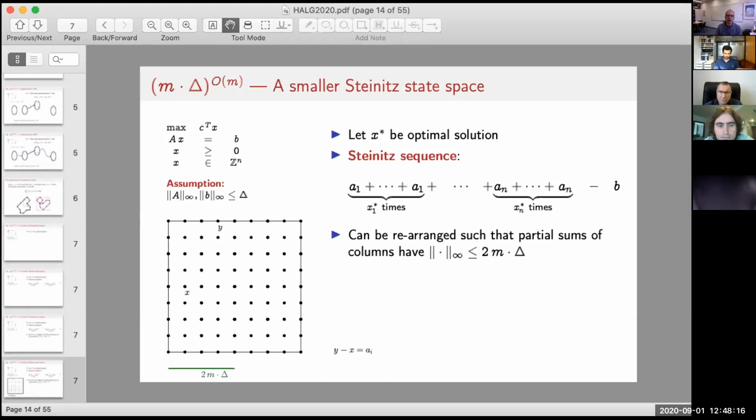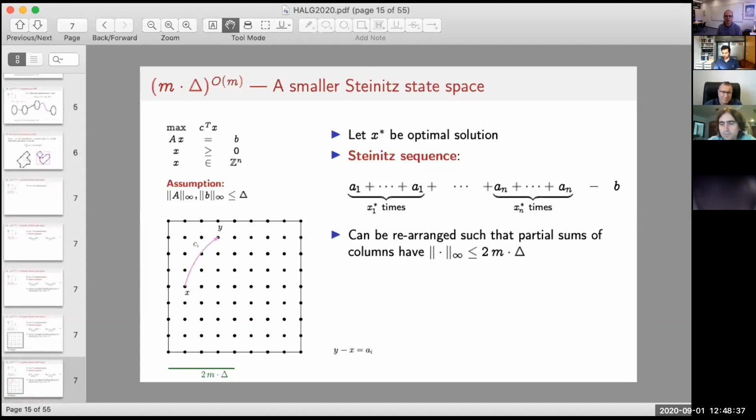All right, but then we can have a new state space. How many integer points are there whose infinity norm is bounded by 2 times m times delta? Well, it's 4 times m times delta plus 1 to the power of m. So this would be this cube here.